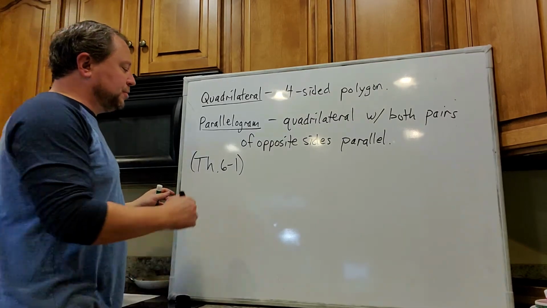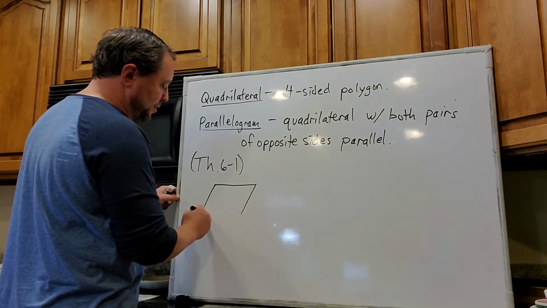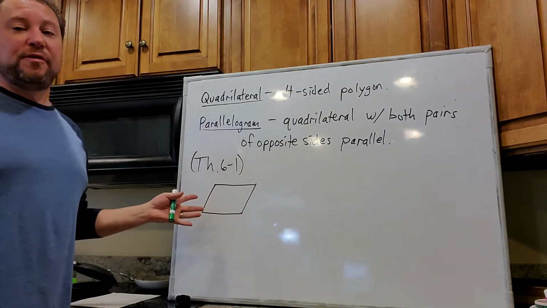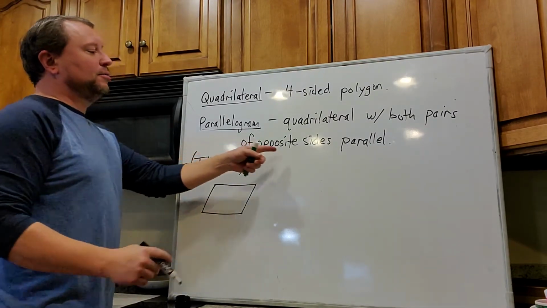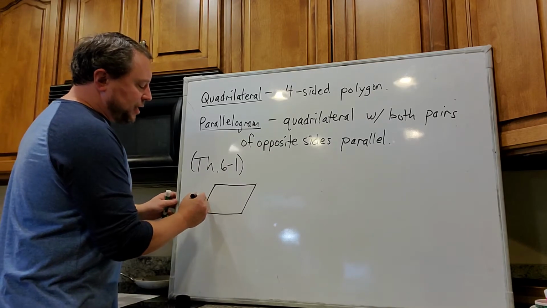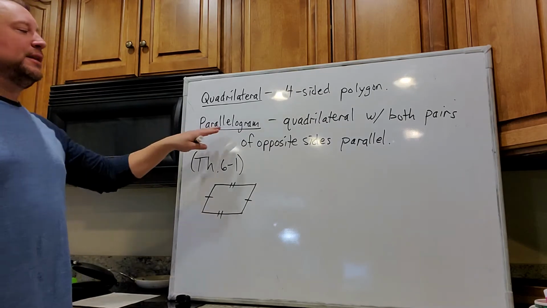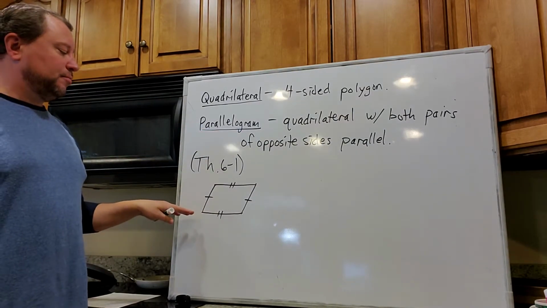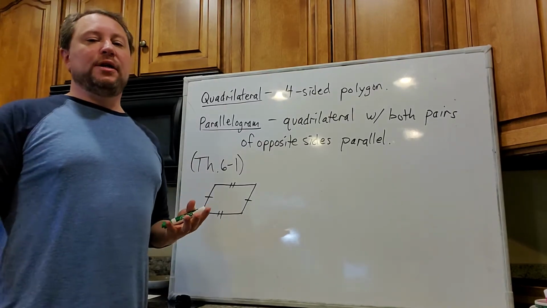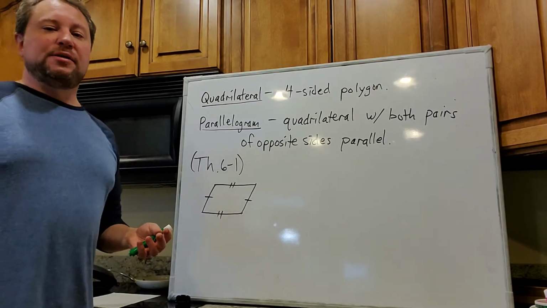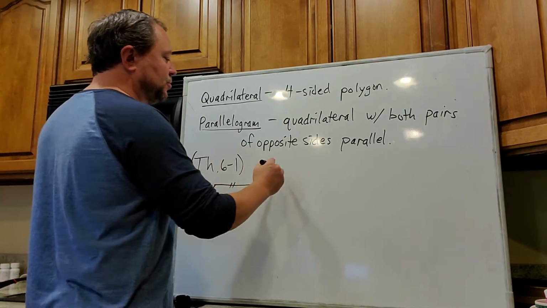This theorem simply states that if a figure is a parallelogram, then its opposite sides are not only parallel, but its opposite sides are congruent. Again, that's not the definition. It's its own theorem, that the opposite sides of a parallelogram will be congruent. Many of you probably already knew that or suspected that based on past problems you've done in your math classes. Okay, but that's Theorem 6.1.